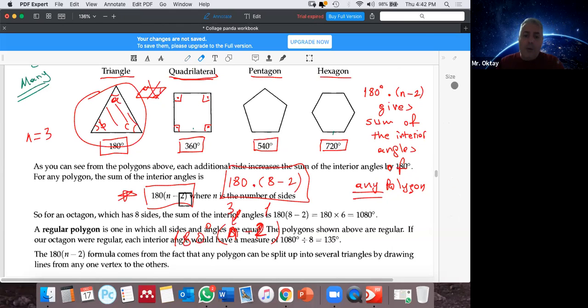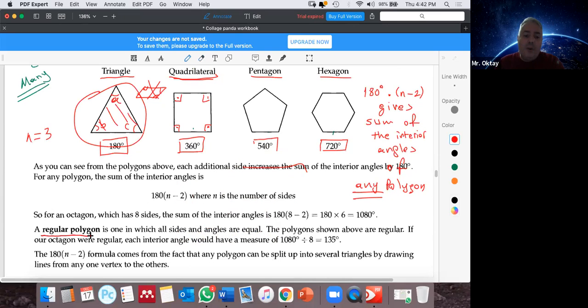There is something very important in SAT: regular polygon. What is the meaning of regular polygon? Regular polygon means all the sides are equal to each other and all the angles are equal to each other. For a triangle, the regular triangle is the equilateral triangle, a special name.